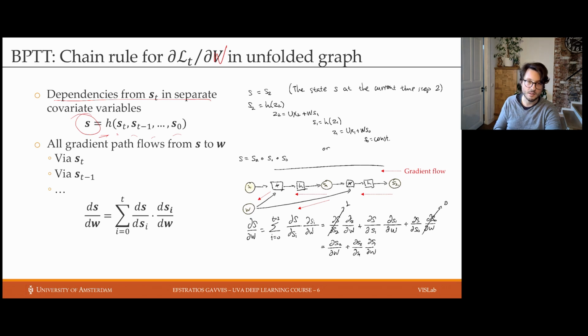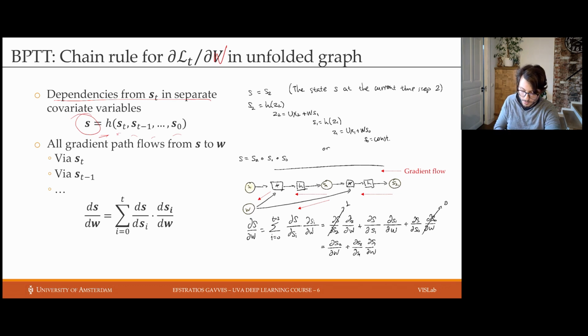We specifically assign a new state variable per time step, including the t time step, right? This is quite straightforward. It's just a different way to express our function.